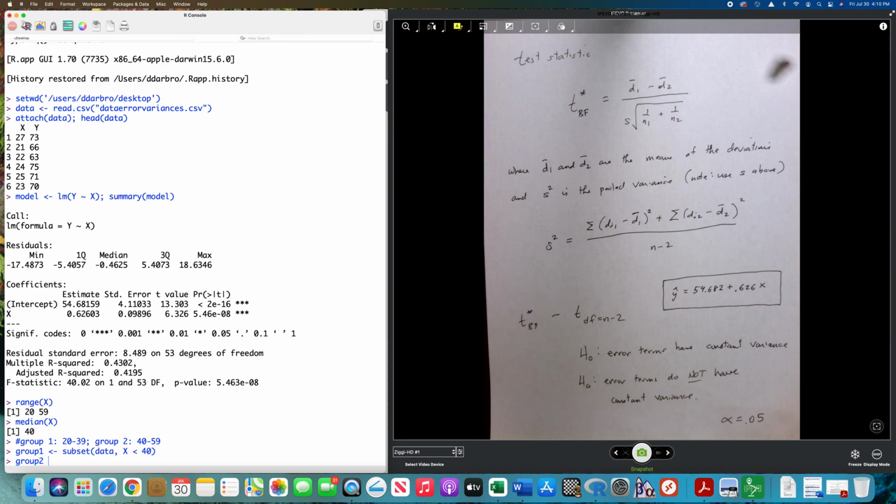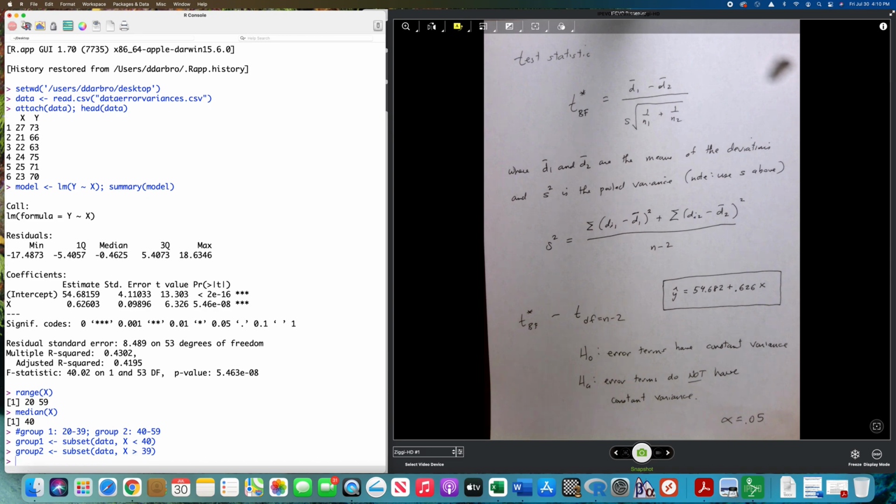And I'm going to do group 2, and I'm going to subset data, and I'm going to choose my x's greater than 39. So I don't get into the less than or equal to stuff, so this will take care of things. All right, so let's attach group 1 and start working with it.